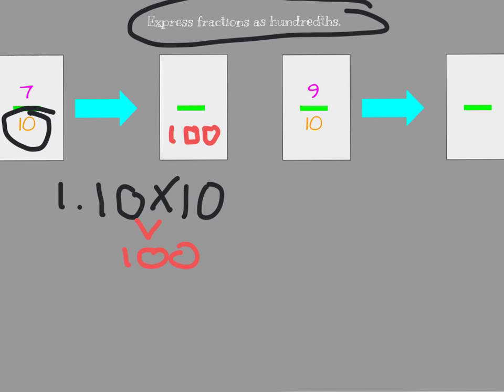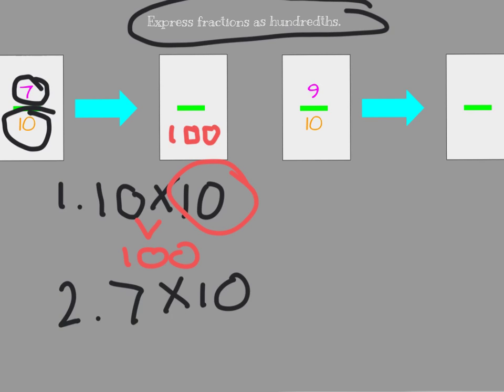And then step 2 is we need to go ahead and do to our numerator, which is our 7 in this case, what we did to our denominator so that our fractions are equivalent. So 7 times 10, because remember, that's what we did with our denominator.